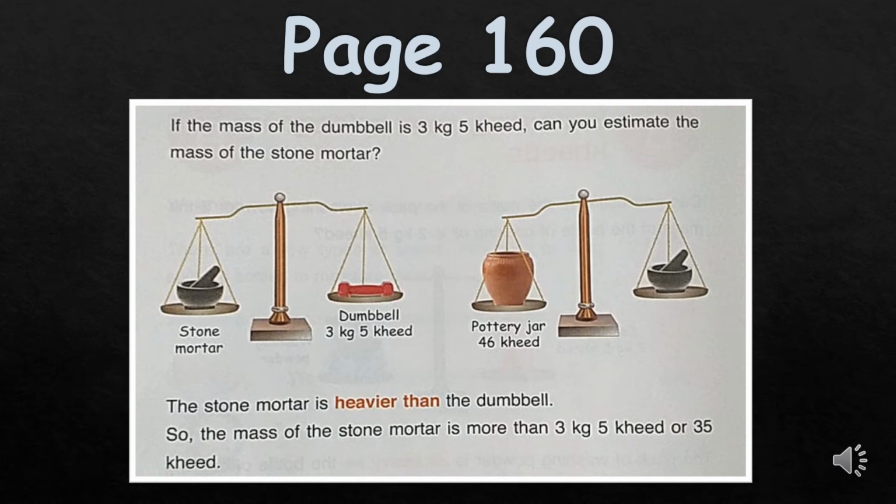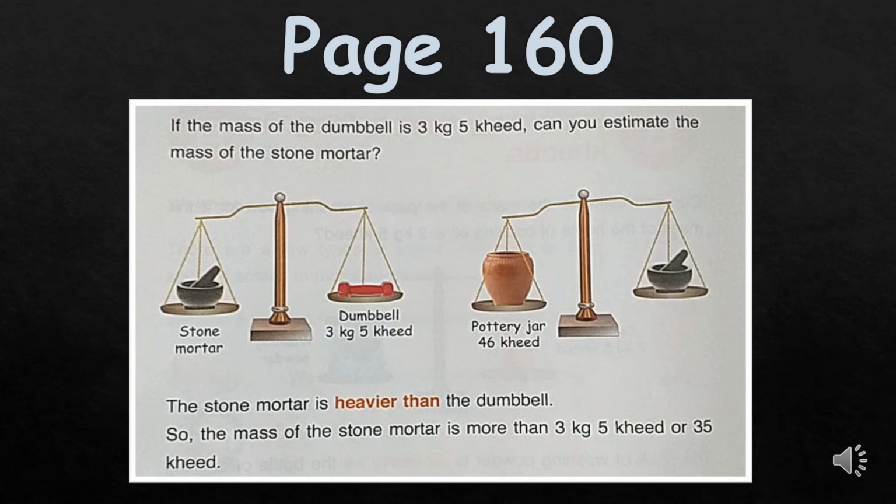Now the question is, if the mass of the dumbbell is 3 kilograms and 5 keys, can you estimate the mass of the stone mortar? Now have a close look at the scale. The scale is not in balance, and so this way we know that the stone mortar weighs more than the dumbbell. But does it weigh a lot more than the dumbbell?